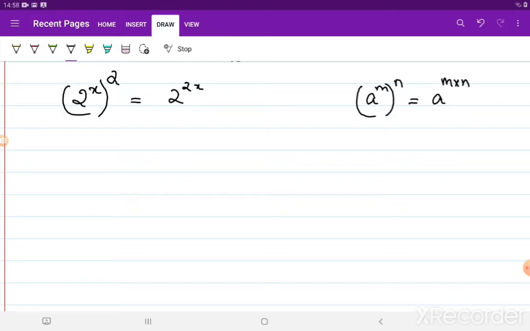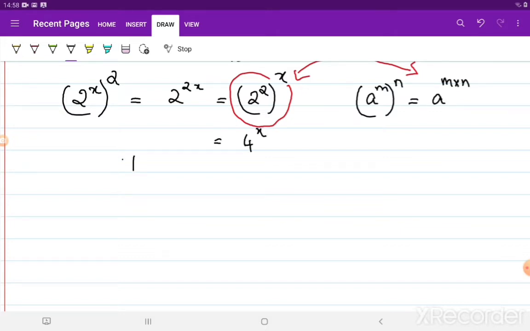Now by the same logic, I can also write it as 2 square raised to the power x. Using this same formula, if I expand what I have written over here, this will also be 2 to the power 2x, or I can write this as 2 square, which is 4, to the power x. So this option is true.